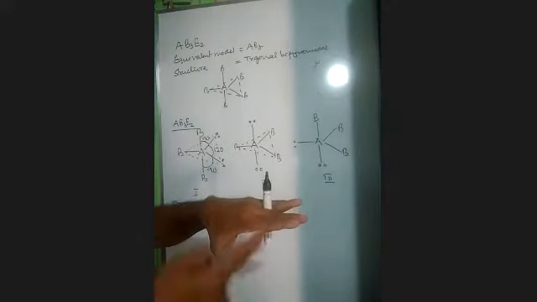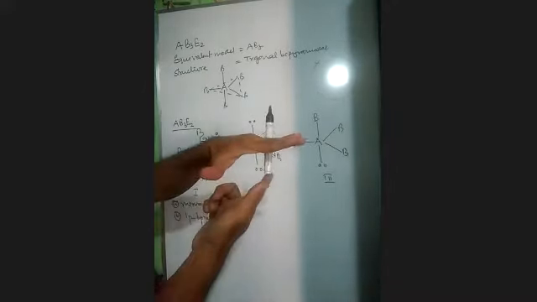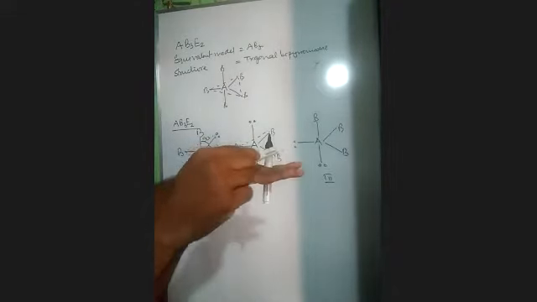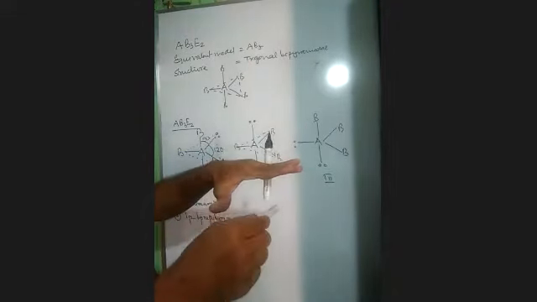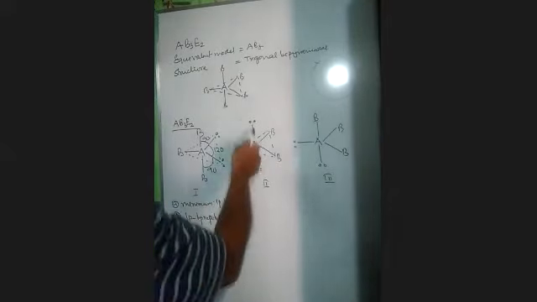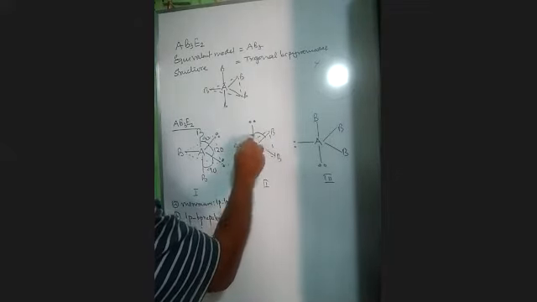So it is 90 degrees to this B, and 90 degrees to this B. How many do you have? 1, 2, 3, 4. Now let's come here. This is 90 degrees to all of them.